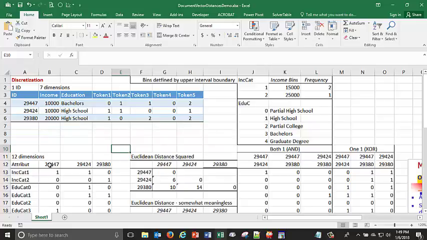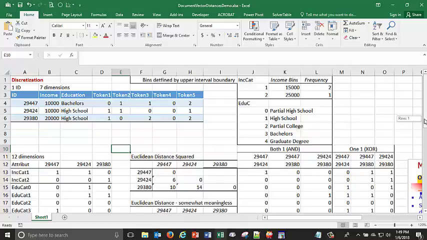So now we are beginning to put a vector together so that its first attribute, obviously, is an ID, and then the next attribute is whether its income falls into category 1 or category 2.